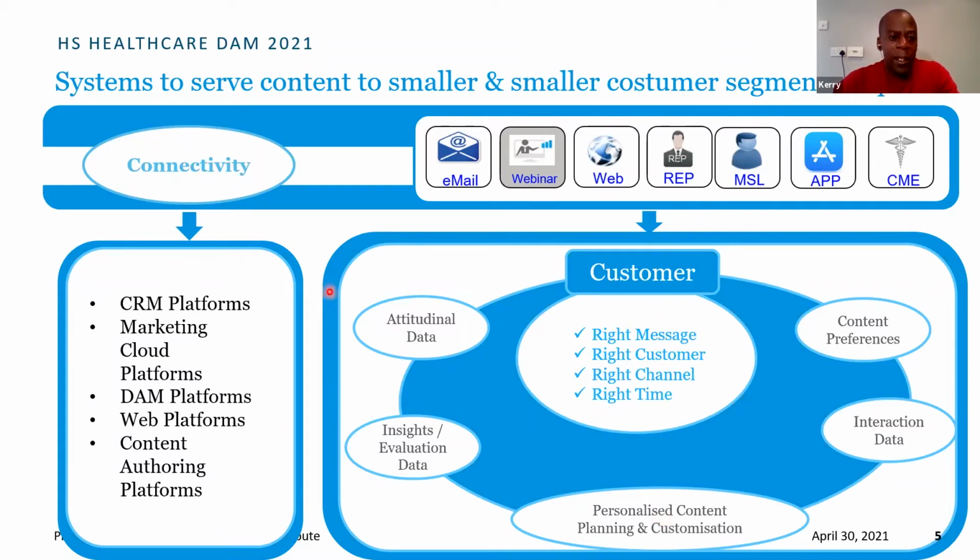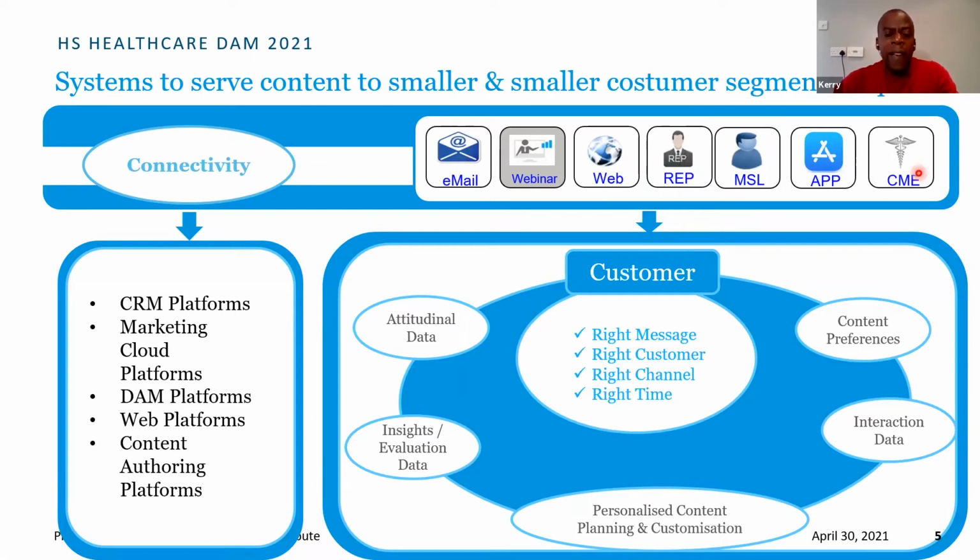So all of these systems, the platforms, the marketing clouds, the DAM platforms, the web platforms, content authoring platforms, if you guys are making these advances yet, all connected and delivering all of these different types of content through all of these channels and more. Problem? How can we avoid making different types of content all over again for each of these channels?